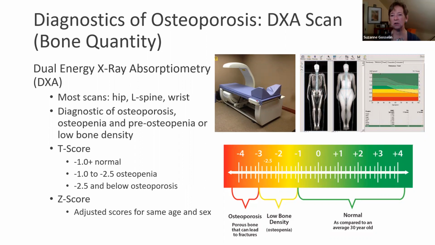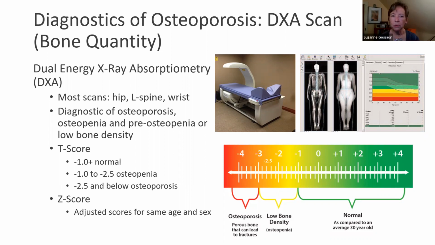It is just a description of low bone density. And if you happen to be of slight build, Scandinavian background, you probably are going to be identified as osteopenic, but that doesn't necessarily mean that you are at a greater risk of fracture. And that's important to remember.